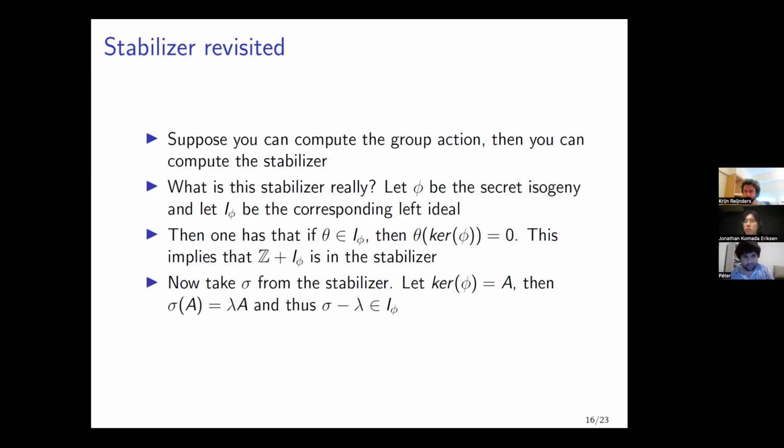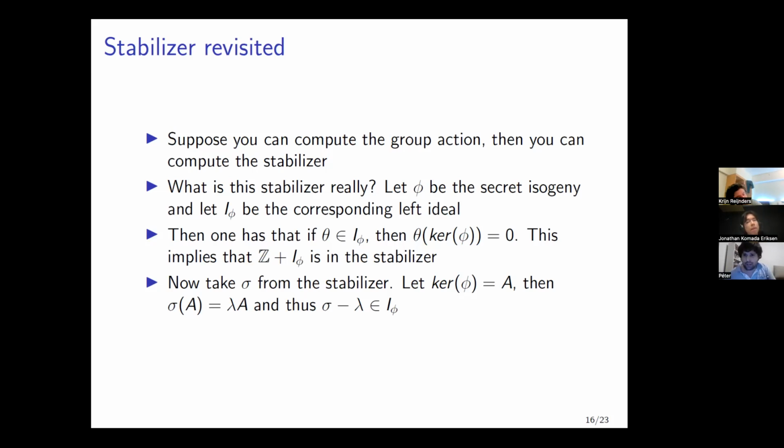This implies that if you take Z plus I_phi, those will be in the stabilizer. Because I'm looking at group actions, you have to look at all the invertible elements in Z plus I_phi. But it's not a big deal for our case.